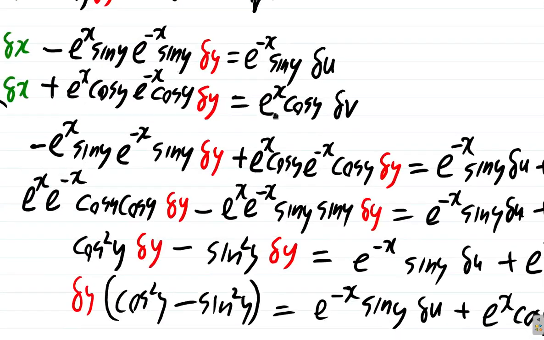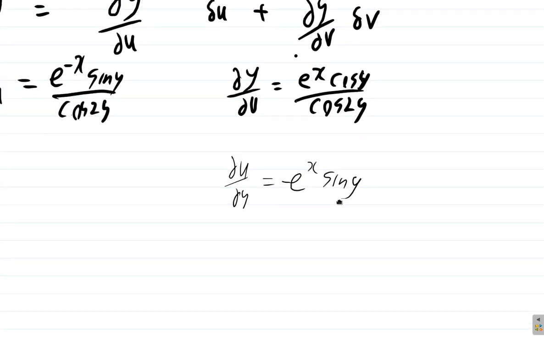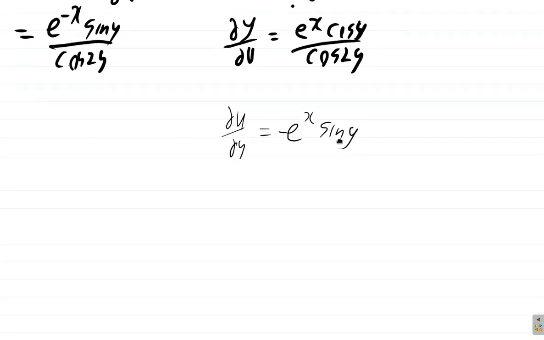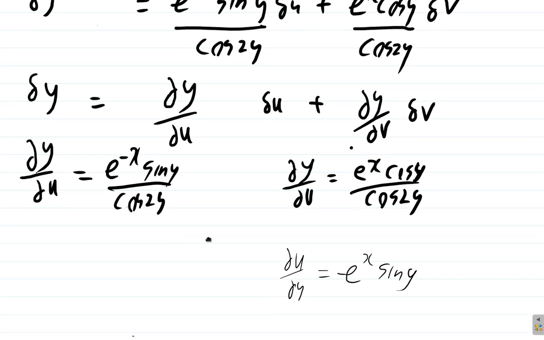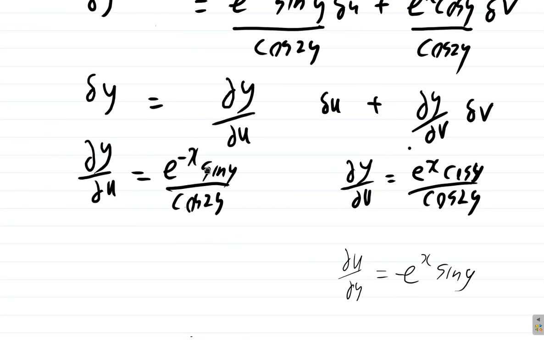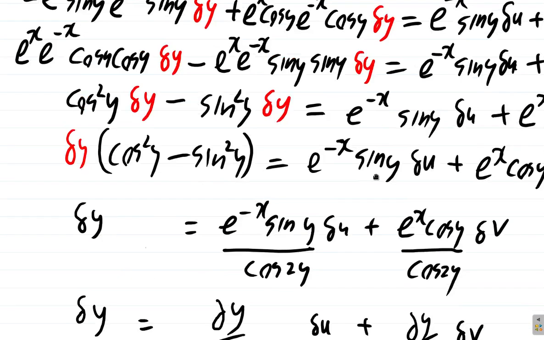Right? But what we have here is something else. And here, delta y by delta u is e to negative x sine y over cos 2y.